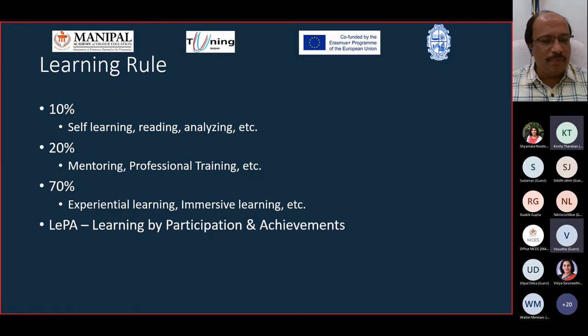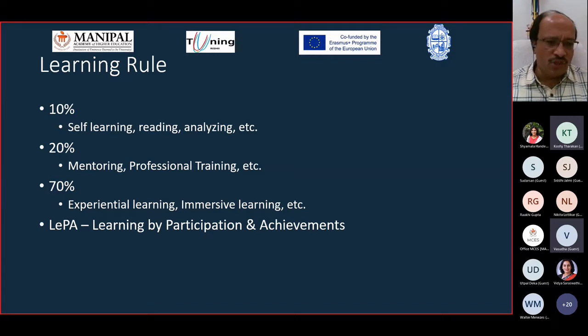So the learning by participation and achievements, LIPA, says that 10% is only learnt by self-learning, reading, analyzing, etc. Whereas mentoring, professional training, those kind of things, what we do as a teacher, helps another 20%. So this is together 30%, whereas the remaining 70% is about experiential learning, immersive learning, where students are directly involved in doing whatever they learn in the classrooms.